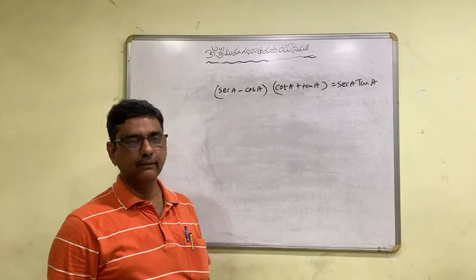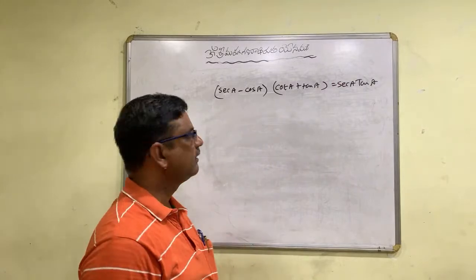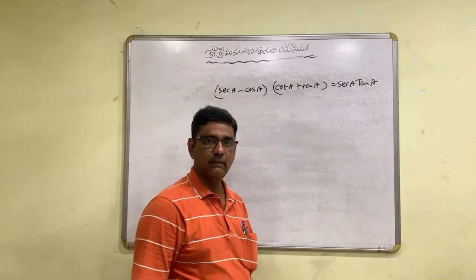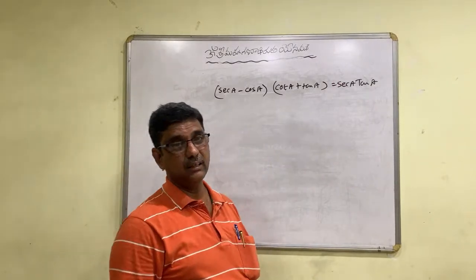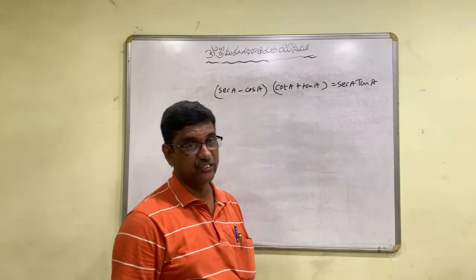Okay, children. Answer is in terms of secant A tan A. So that means we need to convert the other ratios into secant A and tan A.